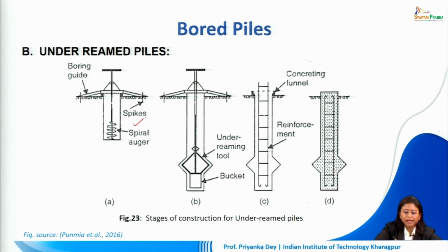The spiral auger had created this opening. Then we inserted this underreaming tool with the bucket at the bottom. It reaches a certain depth. Then the sides of the tool help us create the opening and the soil falls into the bucket. After this, we can continue creating the rest of the pile.